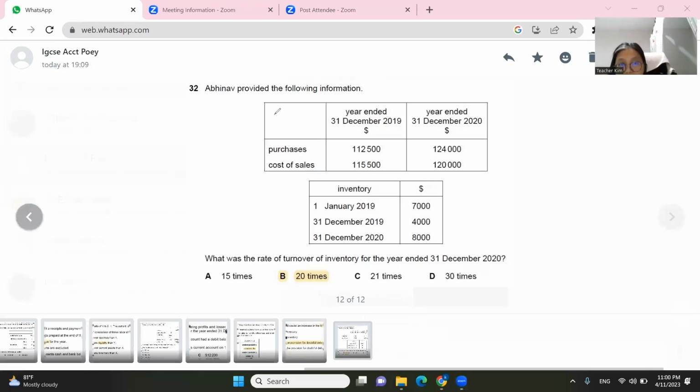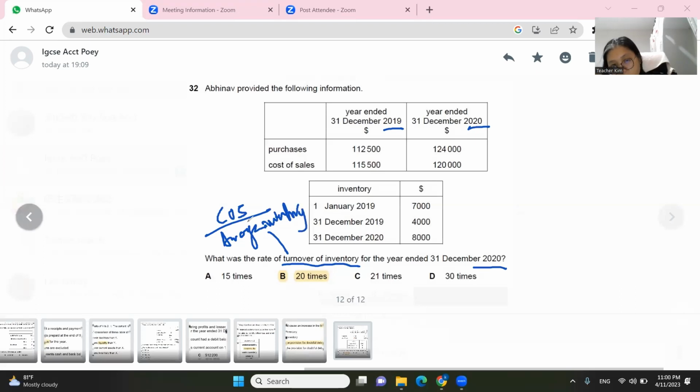Abhinav provides the following: purchases, cost of sales, inventory in January and December. What was the rate of inventory turnover for the year ended 2020? For 2020 we have to calculate cost of sales divided by the average inventory.